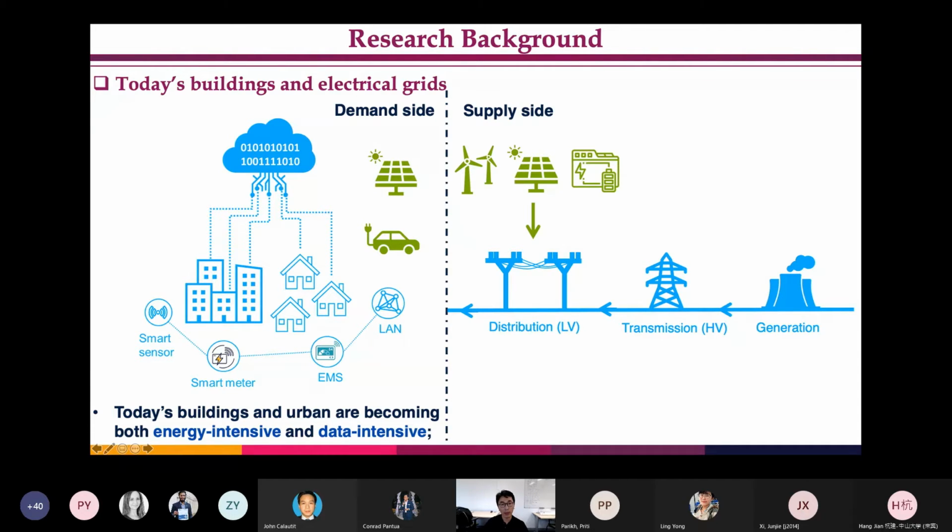At the demand side, we have on-site PV systems and electric vehicles. At the supply side, we have wind turbines, solar energy, and energy storage systems. So today's electric grids are facing a power imbalance issue because of these new technologies.